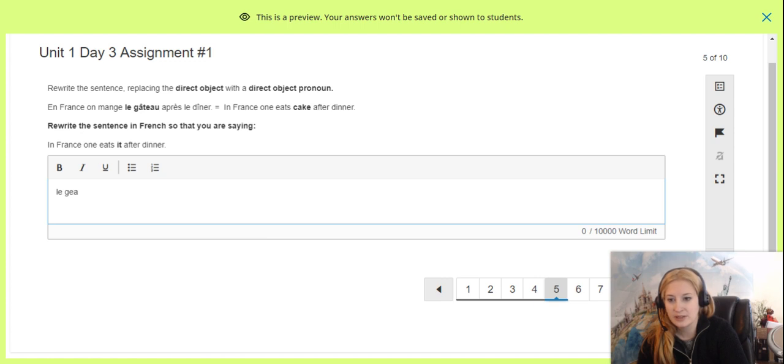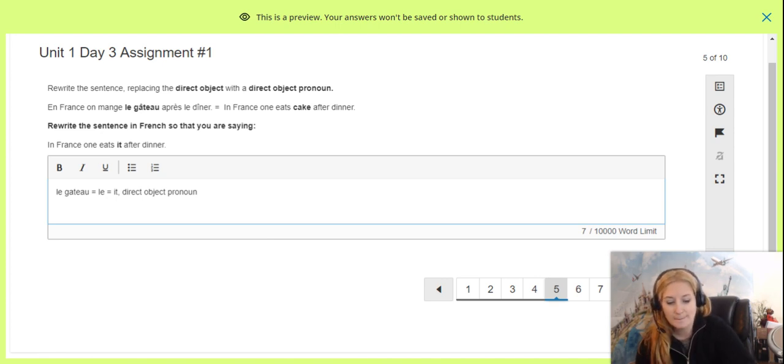Le gâteau is cake. And so the word for it is le. That's a direct object pronoun. So le is going to replace le gâteau.